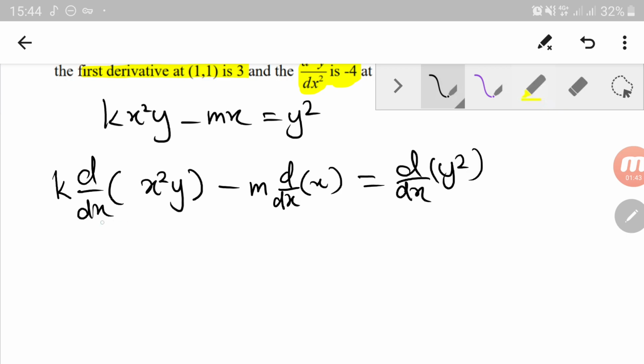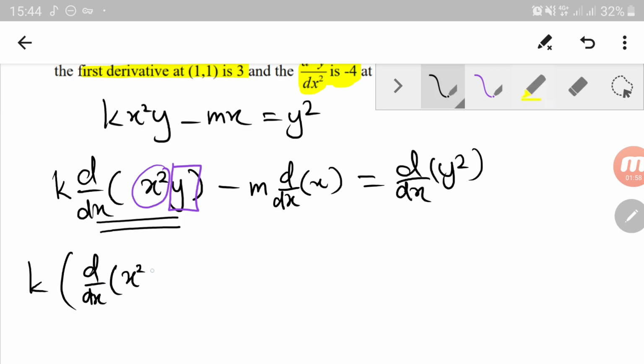Now let's solve the first differentiation. For this one, we know we have to use the product rule. So it's easy. We differentiate the first part of the product and multiply by the second part, plus the first part multiplied by the differentiation of the second part with respect to x.